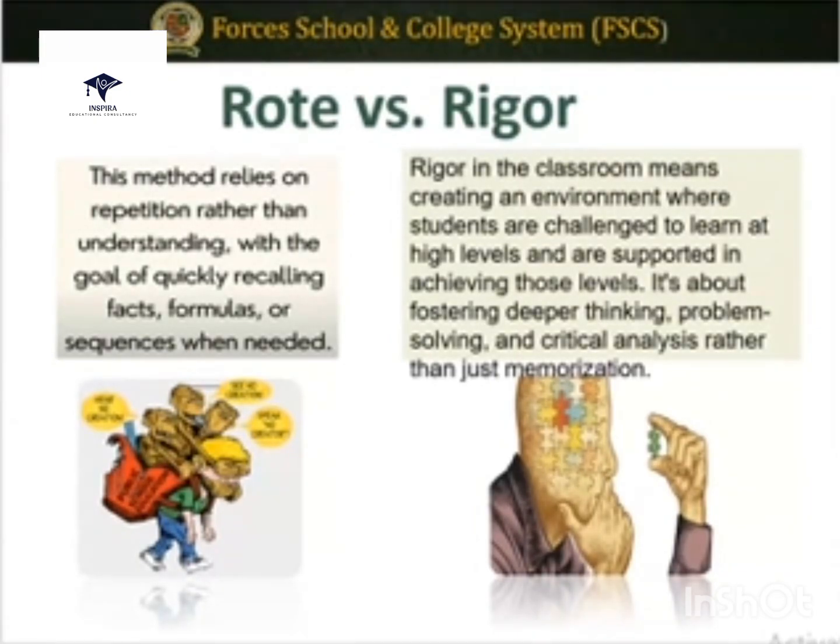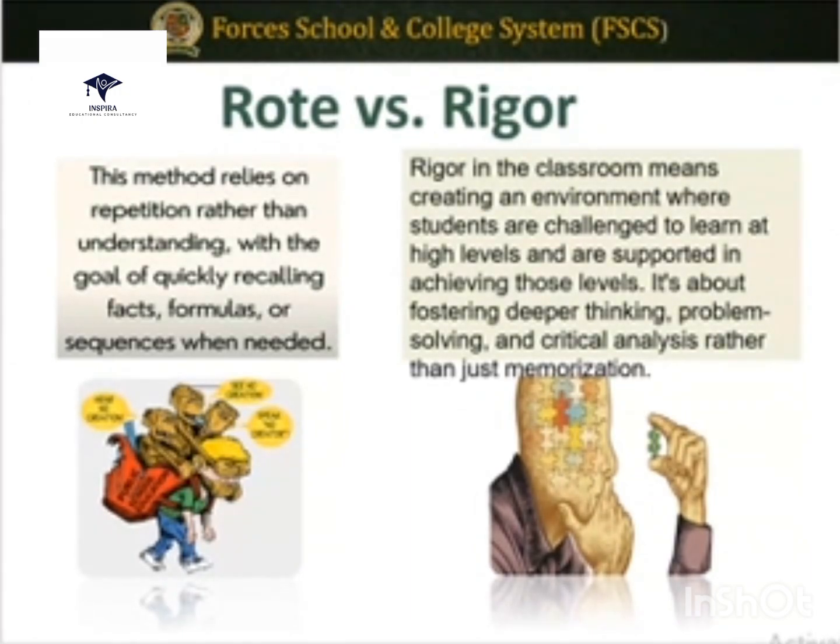So before moving on with the session, let's discuss the difference between rote and rigorous to set the stage for how we can embed critical thinking into our daily lessons. The method relies on repetition, as someone was saying during the discussion, that when we learn information through repetition, this is rote learning.